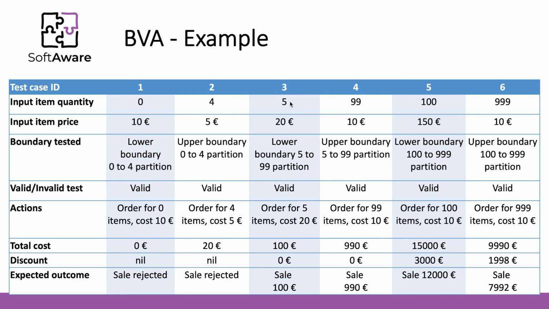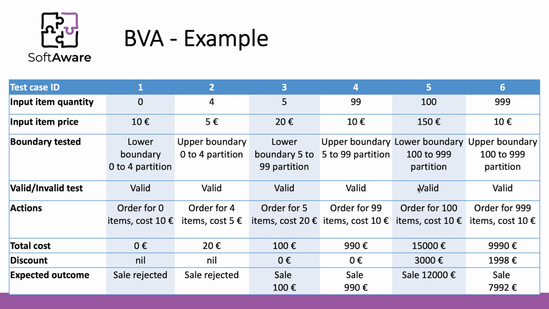If we input 5 and 20 euros for each item, we will have a total amount of 100 euros and 0 discount. For 99, where each item costs 10 euros, the total will be 990 euros with 0 discount, and the sale will be done with a 990 euros amount.